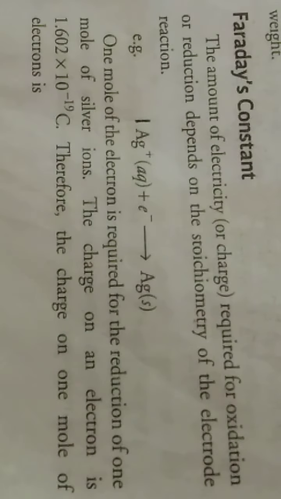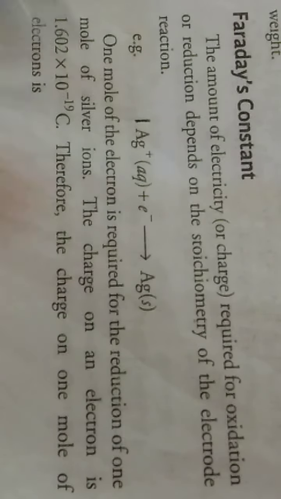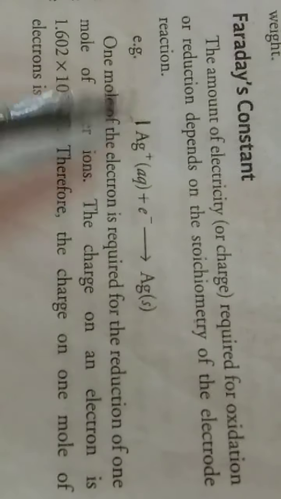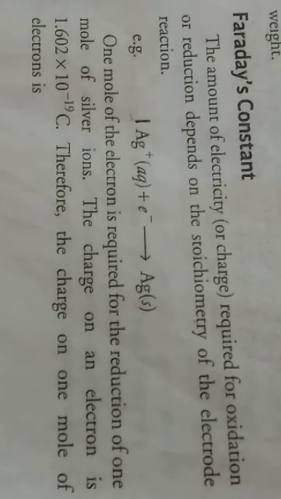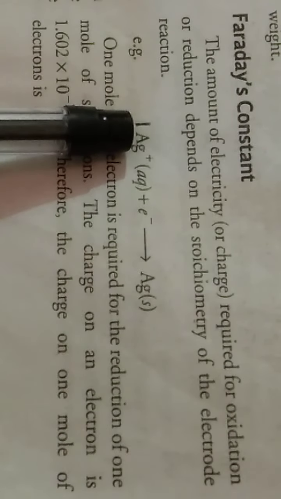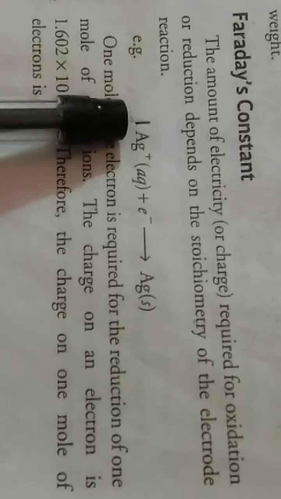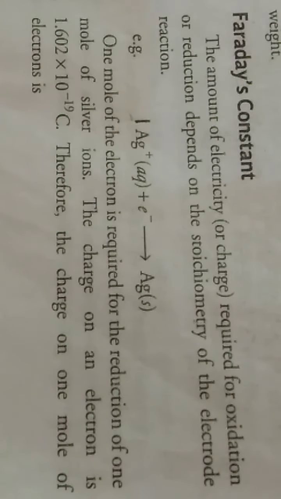So what I want to say is, कितनी इलेक्ट्रिसिटी चाहिए इस सिल्वर आयन को के रिडक्शन के लिए, वो किसके ऊपर डिपेंड कर रही है, इस सिल्वर आयन की स्टाइचियोमेट्री के ऊपर. तो इसको कितने इलेक्ट्रॉन की ज़रूरत है, 1 इलेक्ट्रॉन की ज़रूरत है. सो किसके ऊपर डिपेंड करा, स्टाइचियोमेट्री ऑफ द आयन के ऊपर, कि इसको रिड्यूस करने के लिए जितनी इलेक्ट्रिसिटी की ज़रूरत है वो किसके ऊपर डिपेंड करेगी, the stoichiometry of the species, that is in this case silver.